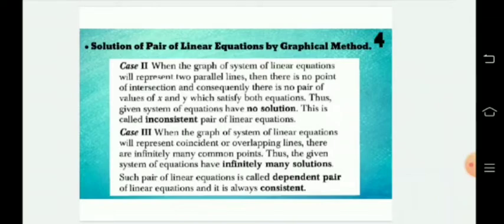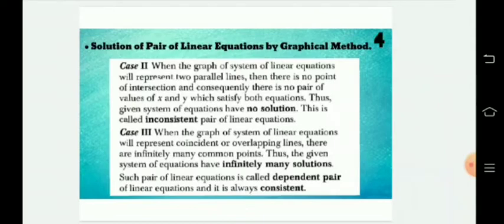So there is no value of x and y which satisfies both equations. Thus the given system of equations has no solution. means त्यो इक्वेसन को चाहिँ सल्युसन हुँदैन. means there is no value of x and y. This is called an inconsistent pair of linear equations. means no solution लाई नै inconsistent pair of linear equations भन्छ.